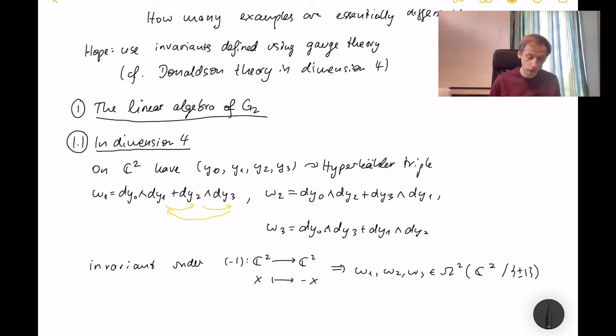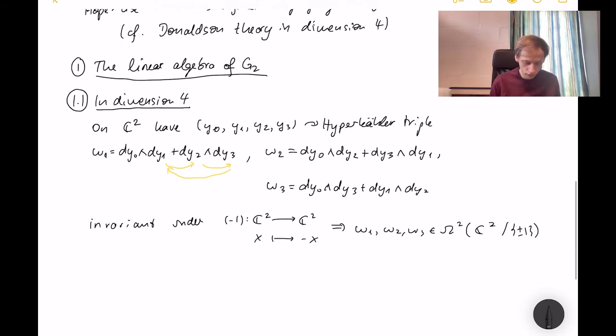Now, from algebraic geometry, we get the blow-up of the complex variety C2 mod plus minus 1 in 0. And that would be a smooth manifold of real dimension 4 living over C2 mod plus minus 1.